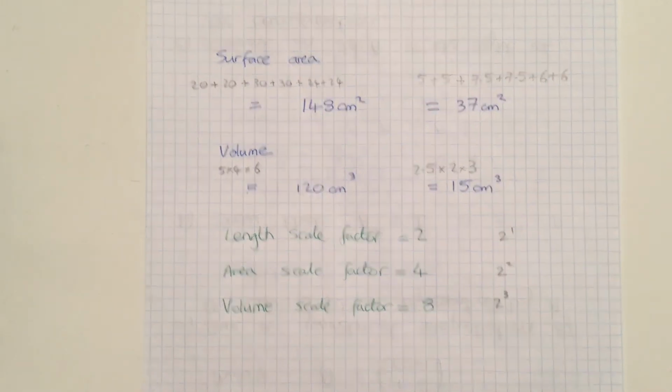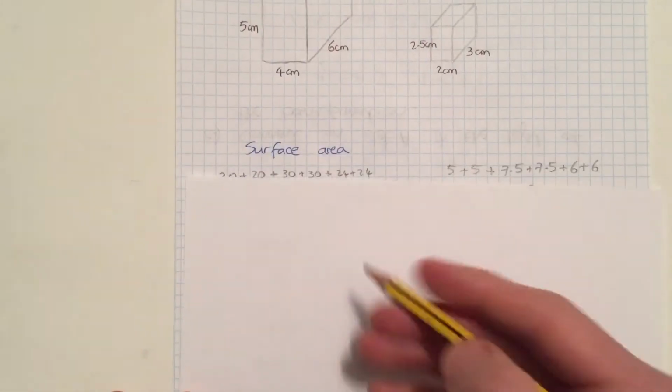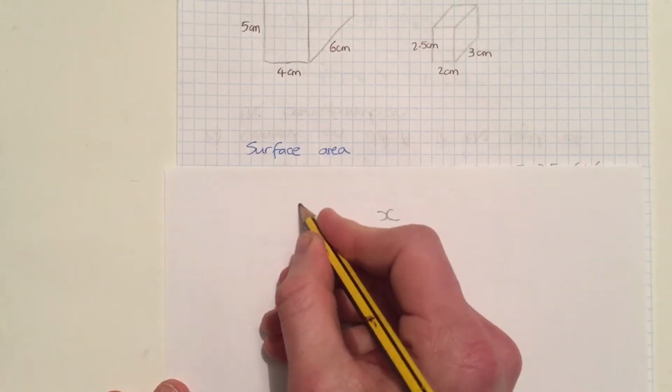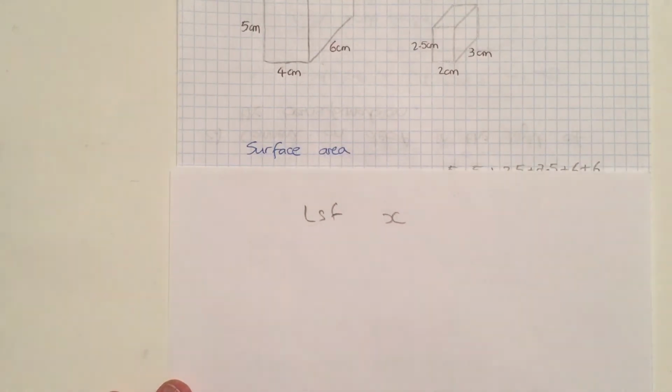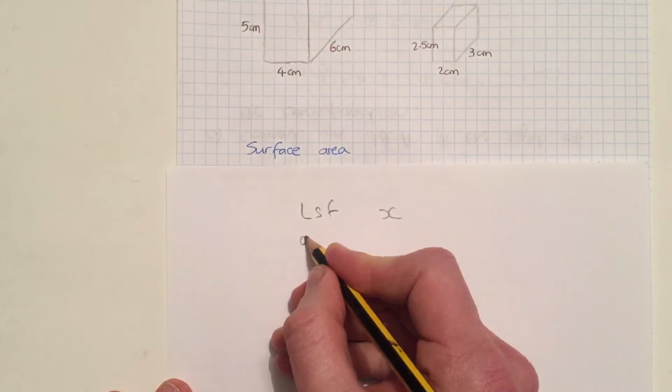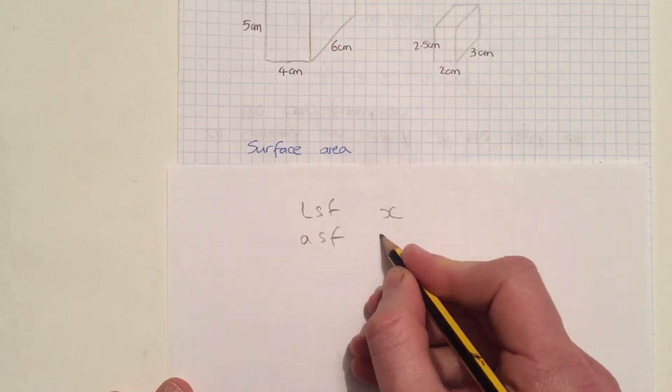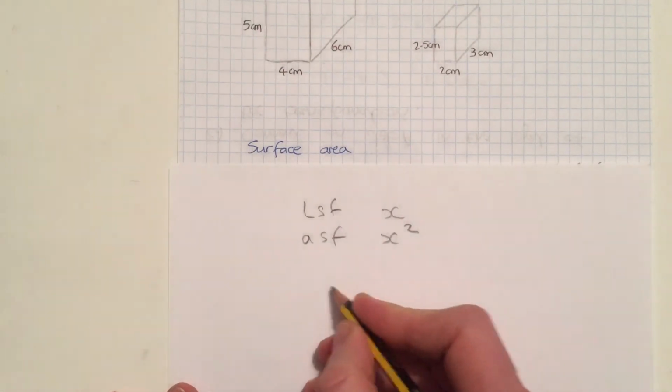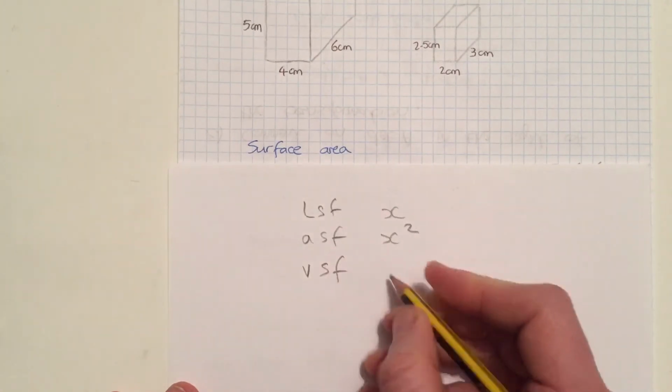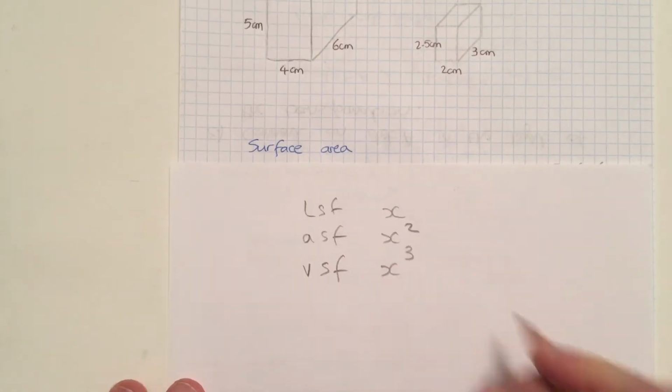And this is always going to be the case. If my length scale factor is x, I'm going to shorten this to LSF, length scale factor, then the area scale factor is always going to be x squared. And the volume scale factor is always going to be x cubed.